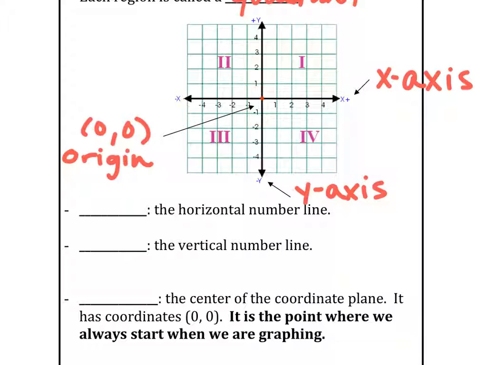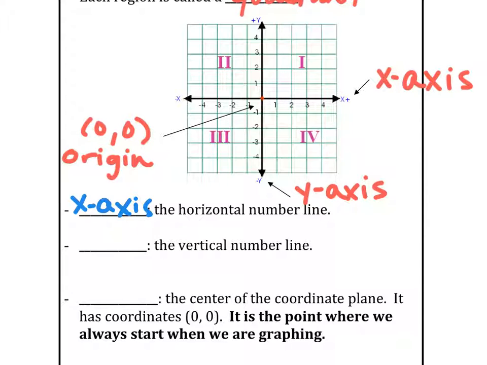Let's go ahead and do a few more definitions. The x-axis is the horizontal number line. It works just like a number line. The number line on your desk works the exact same way. Negatives are on the left, positives are on the right.